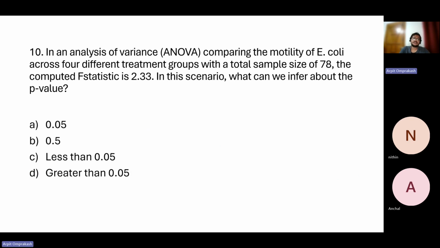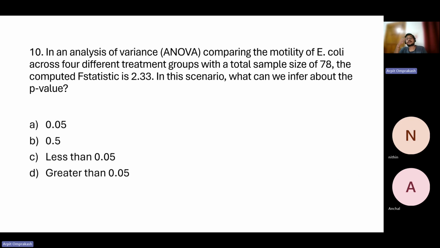Next question is, in an analysis of variance comparing the mortality of E. coli across four different treatment groups with a total sample size of 78, the computed F statistic is 2.3.